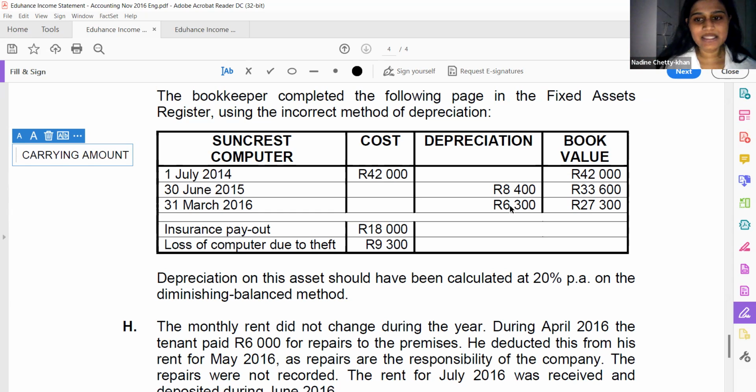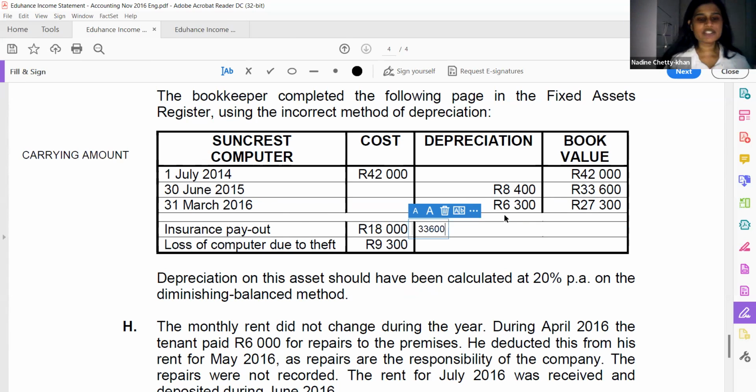Now the second year, the issue comes. We need to actually calculate depreciation. If you take the opening carrying value for the second year, it will be the 33,600. Remember, the closing balance of a previous year is the opening balance of the current year.